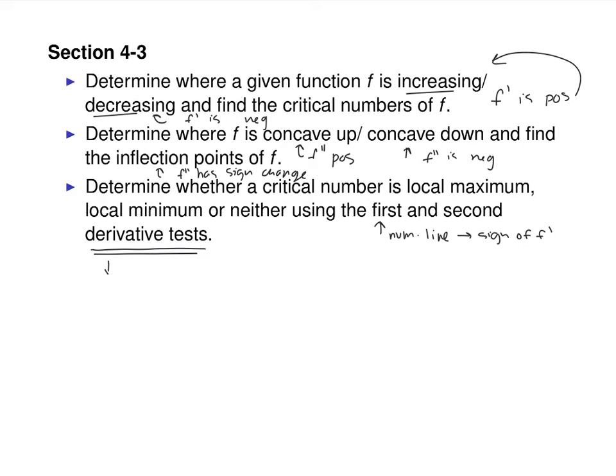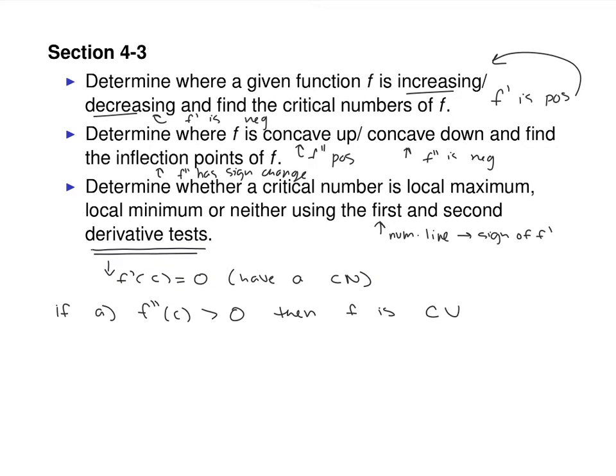For the second derivative test, you assume f prime of c is equal to 0, i.e. you have a critical number. And then if the second derivative is positive, then f is, tell me, concave up or concave down?